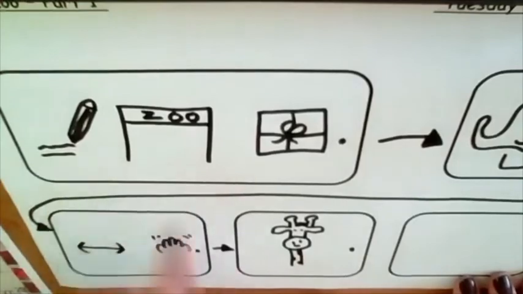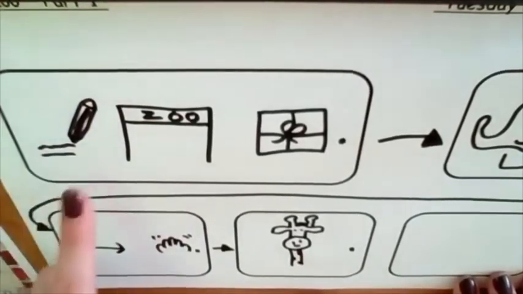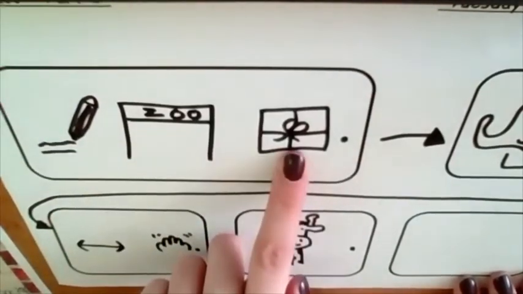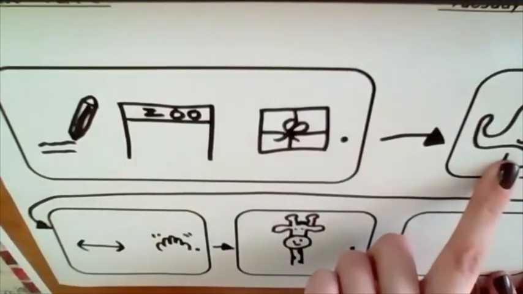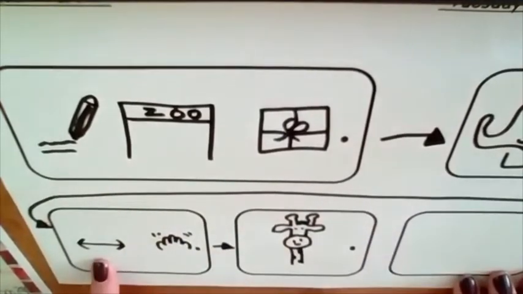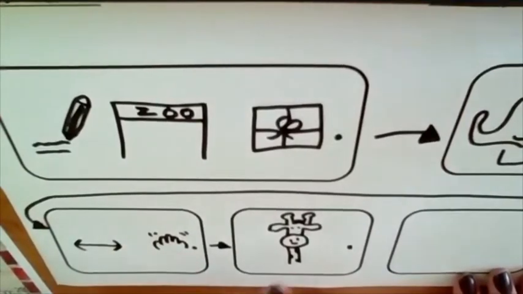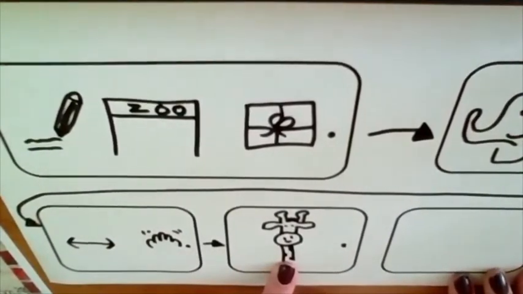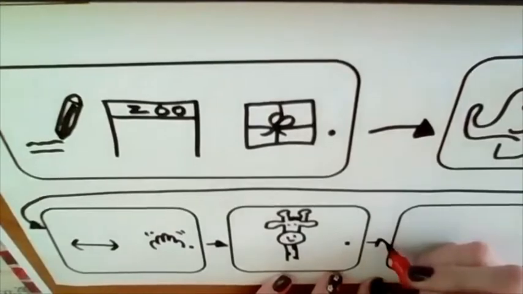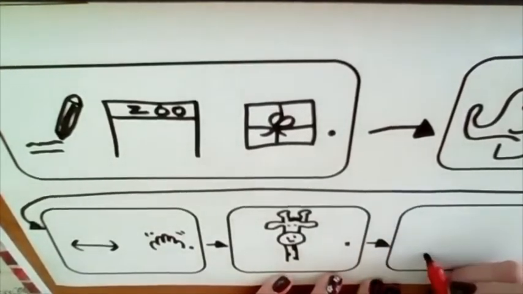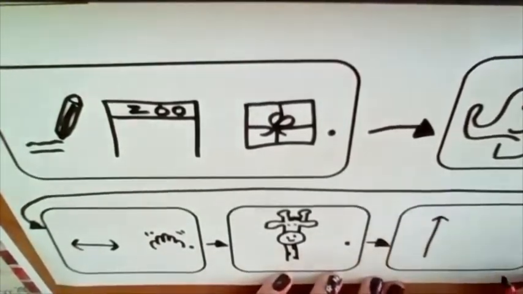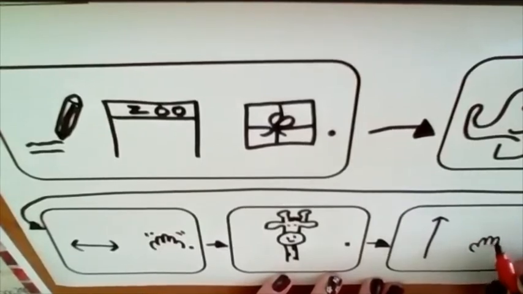So dear zoo, I wrote to the zoo to send me a pet. They sent me an elephant. He was too big, so I sent him back. Next, they sent me a giraffe. Arrow. He was too tall, so I sent him back.